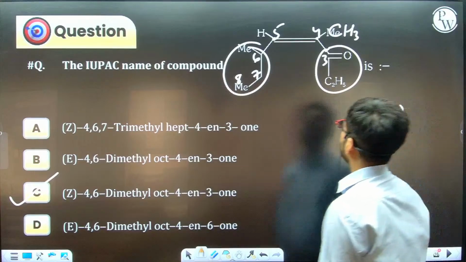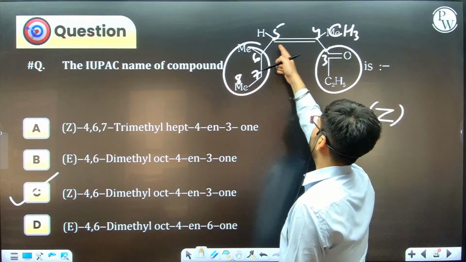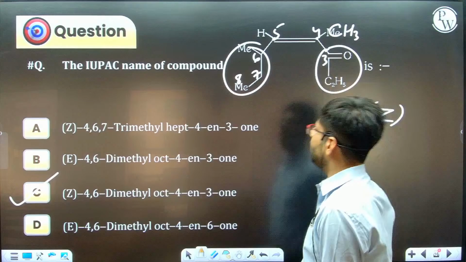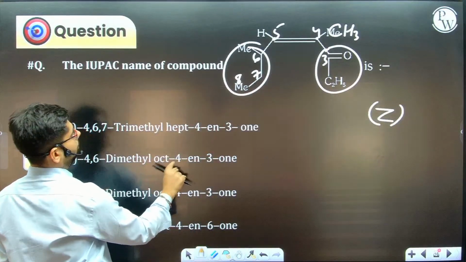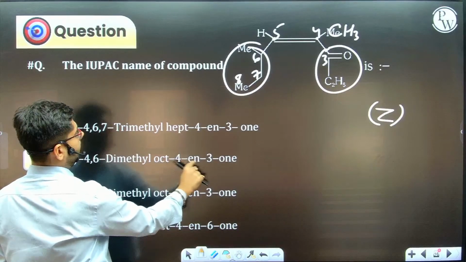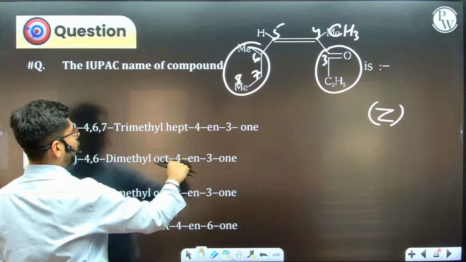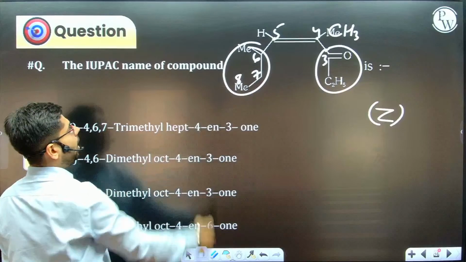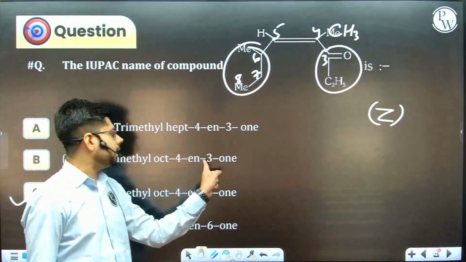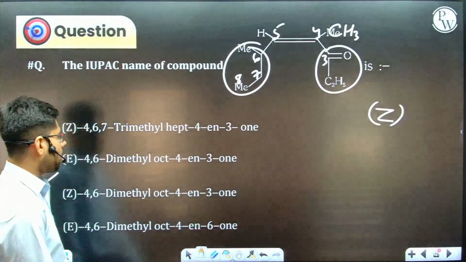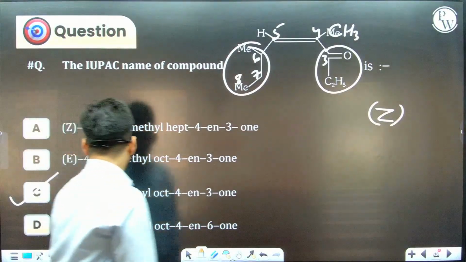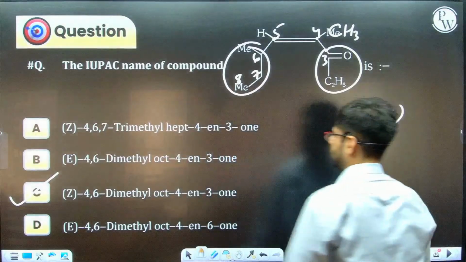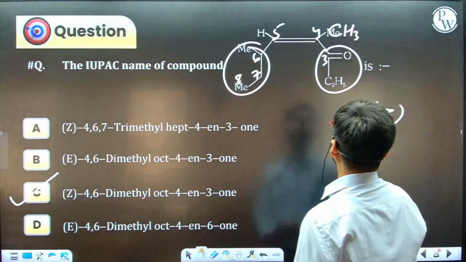Hence 4, 6 dimethyl. There's a double bond between 4 and 5, and hence oct 4 en. This 4 indicates the position of the double bond, because you see en is written after 4. 4 en means the double bond is between 4 and 5. 3 one means the ketone is at the third position. And Z, we have already discussed that it is Z. So C is the correct answer: 4, 6 dimethyl oct 4 en 3 one.